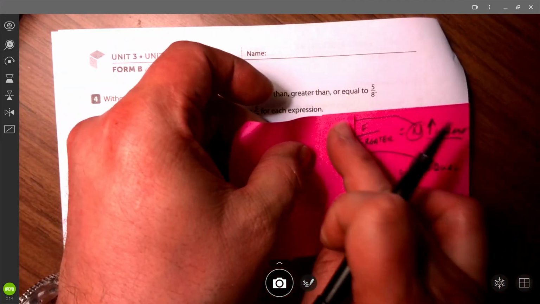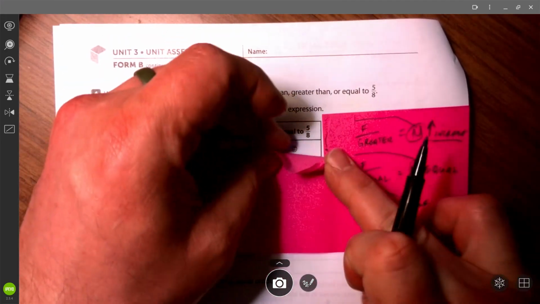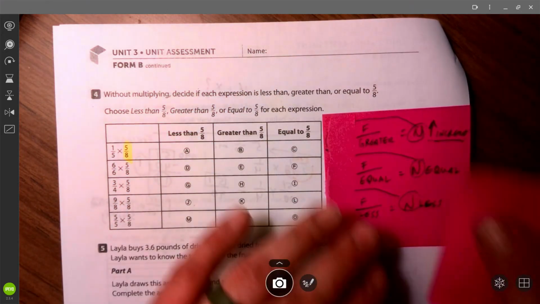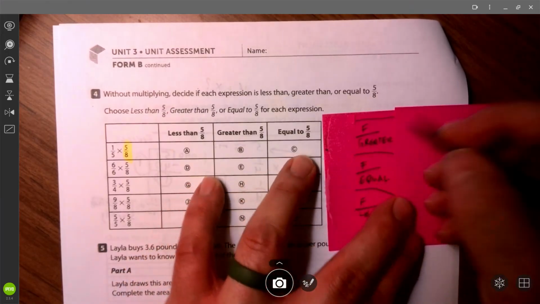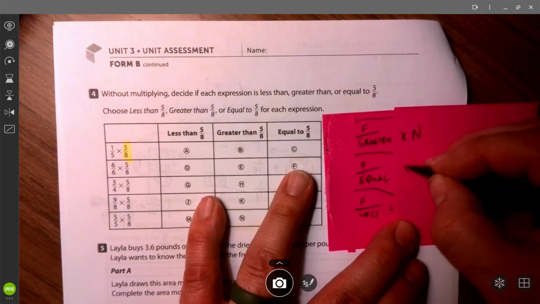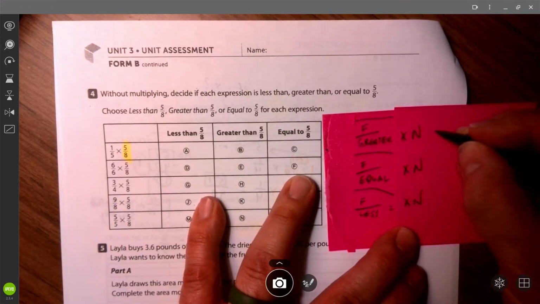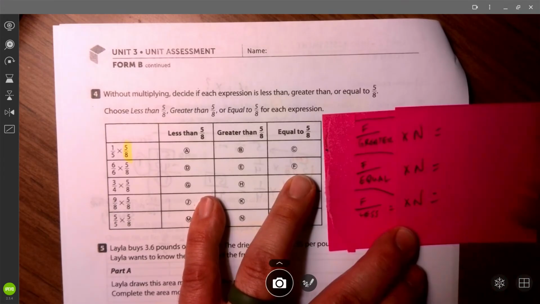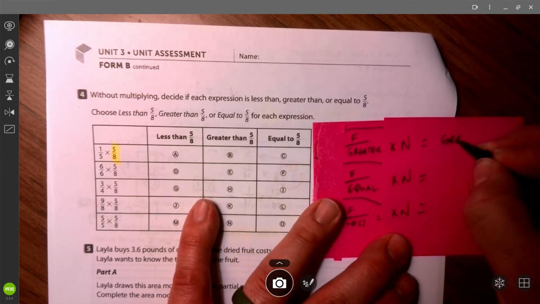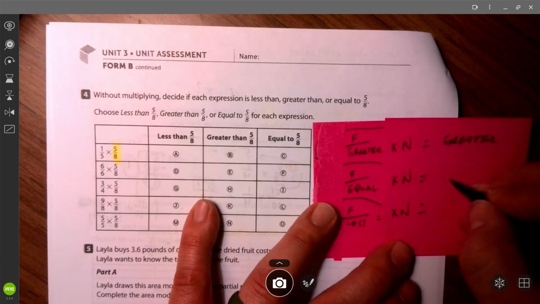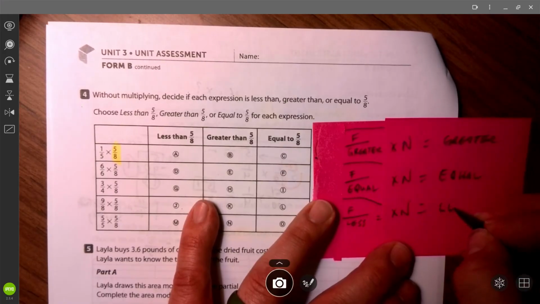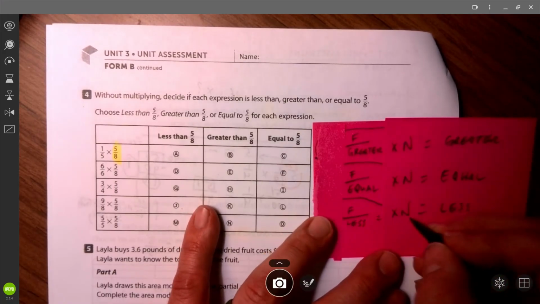Just imagine that it was like this: a fraction greater than, equal, or less times a number. They just did a flip-flop on us because why not? So then that will be greater. That'll be equal. That'll be less. And that's the product in relationship to that number.